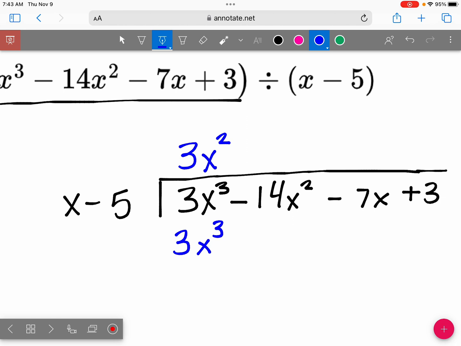And the 3x squared times the minus 5 gives us minus 15x squared. Because we take our 3x squared times this whole term and write it under here.